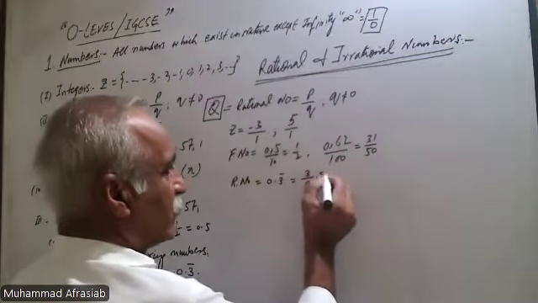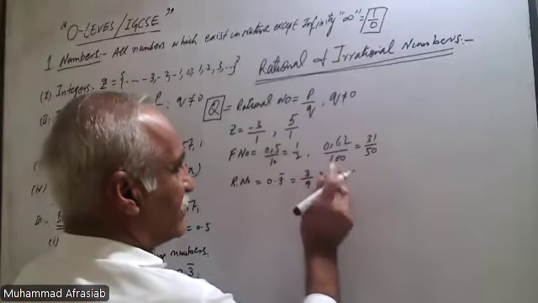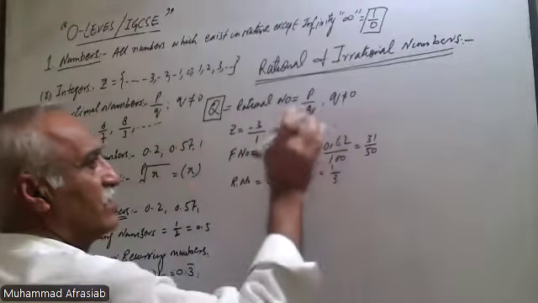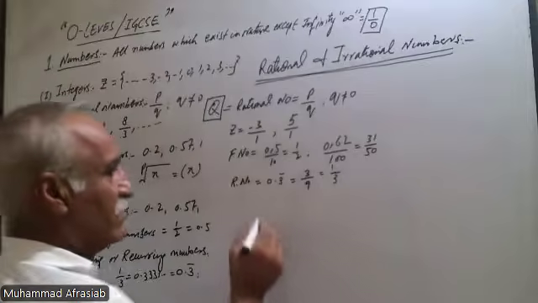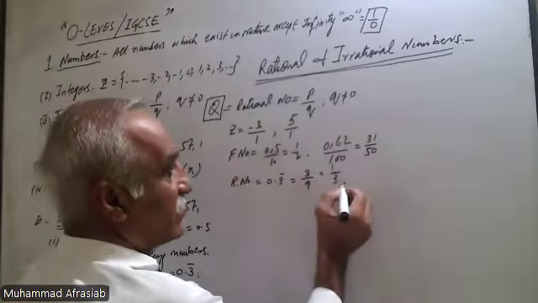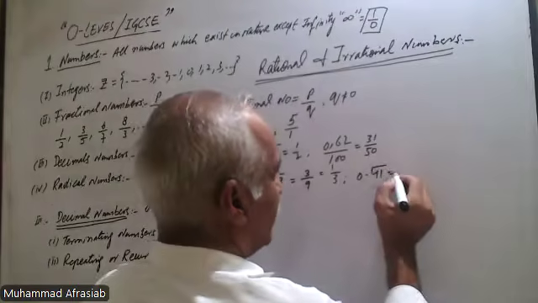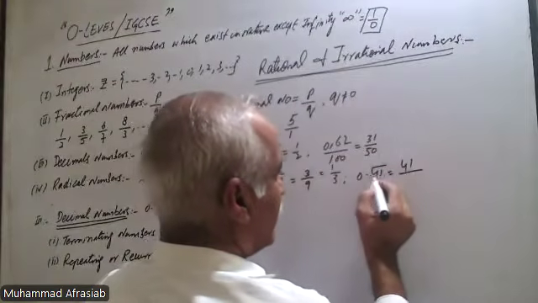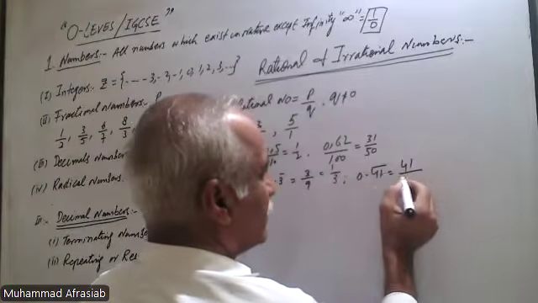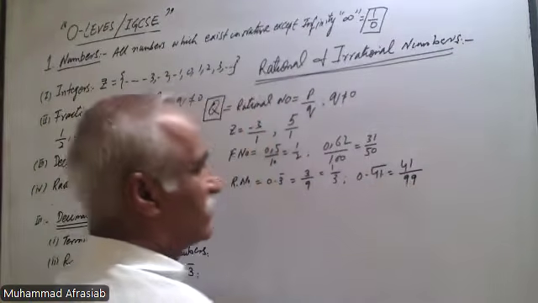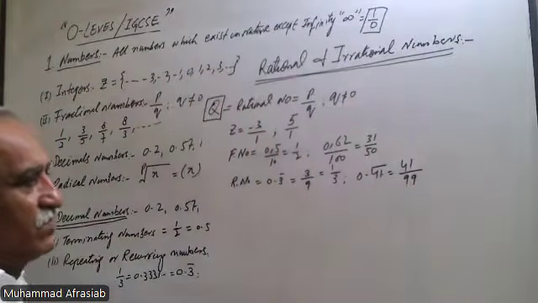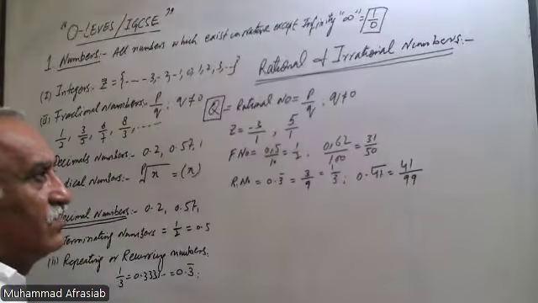So again, it is equal to 1 by 3, which is in the form of a fraction, so it is a rational number. Suppose we have another number, 0.41 bar. That equals 41 over 99, because there are two digits. So 41 over 99 is also a rational number.